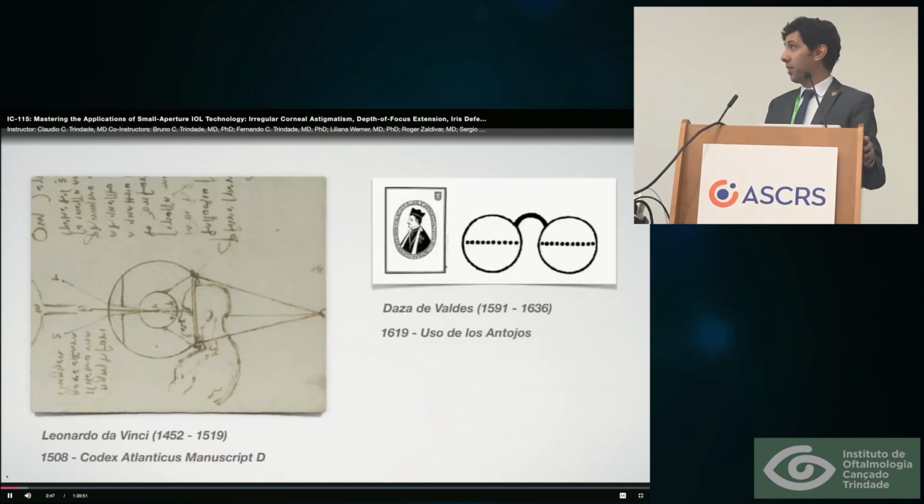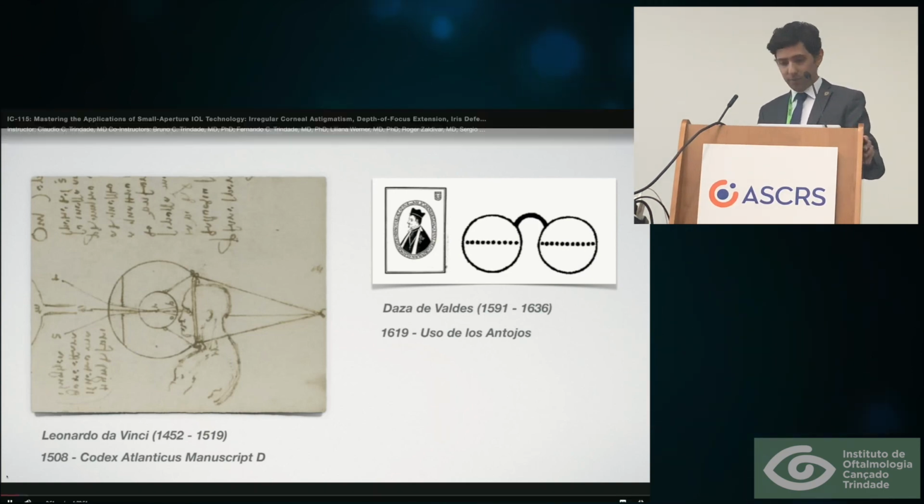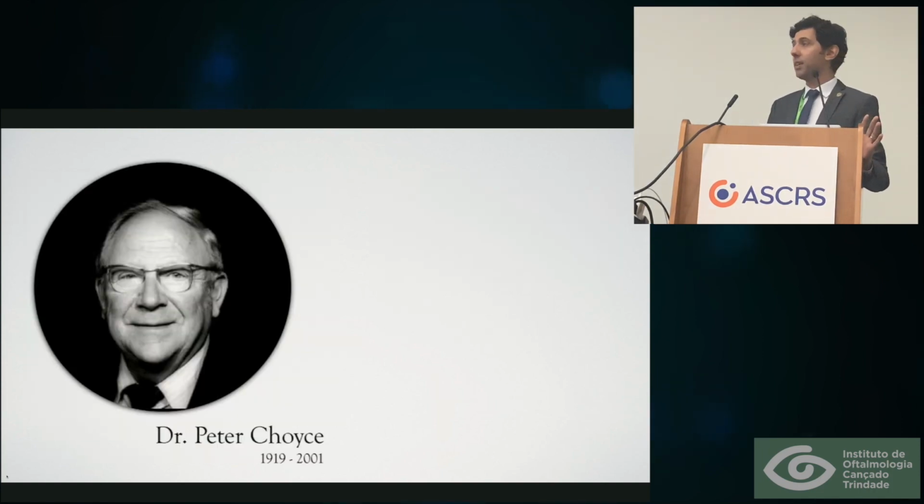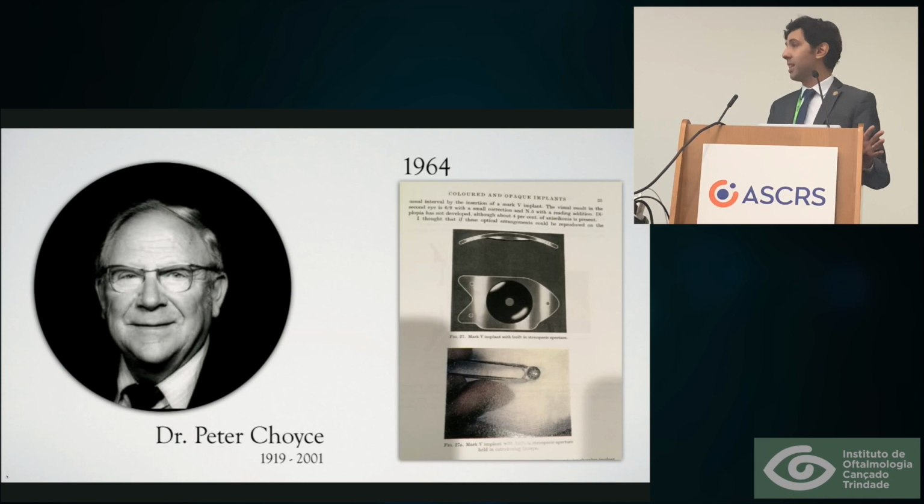This principle was covered by Leonardo da Vinci and also other important philosophers and scientists that studied it. But in ophthalmology, we must give credit to Dr. Peter Choice, who in the 60s presented the first intraocular implant based on this principle.